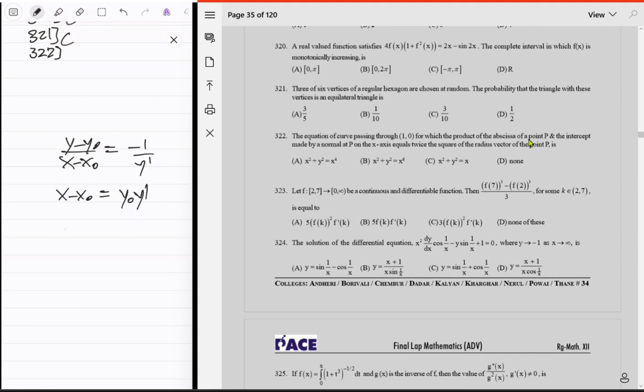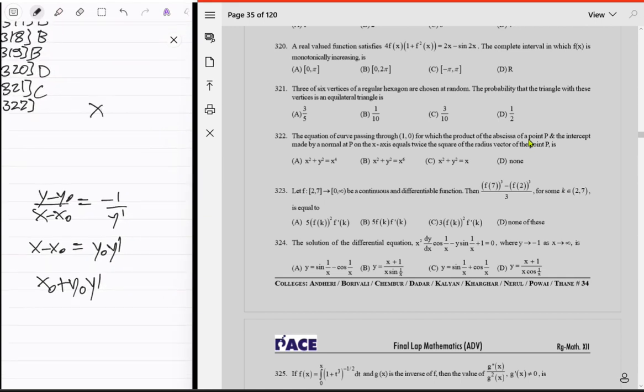So x0 plus y0 y dash is that thing, right? Basically x plus y y dash is the intercept on the x-axis, that's the x intercept, of course.